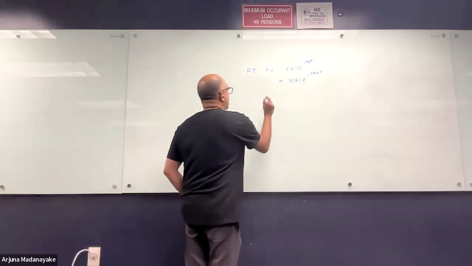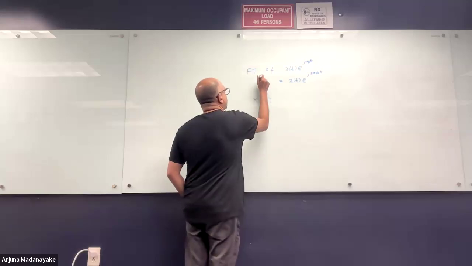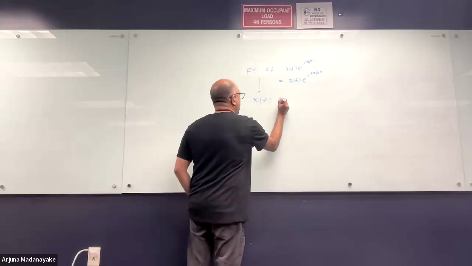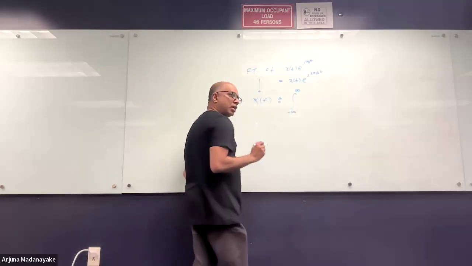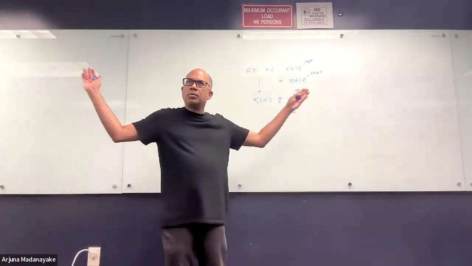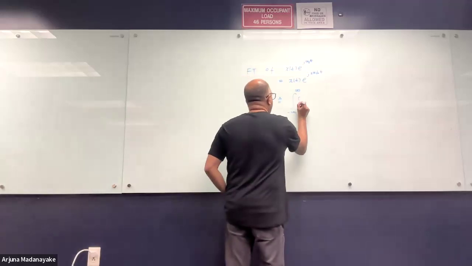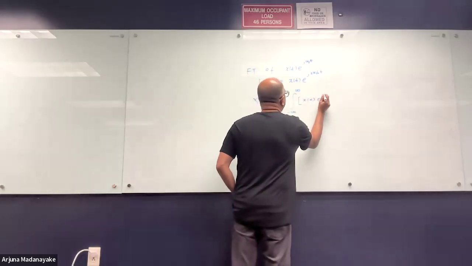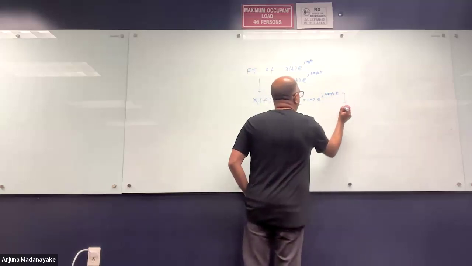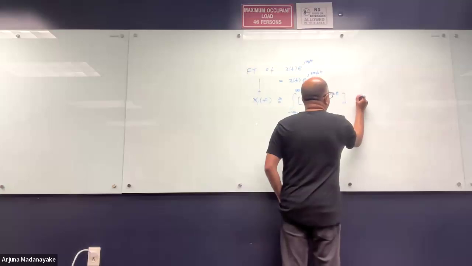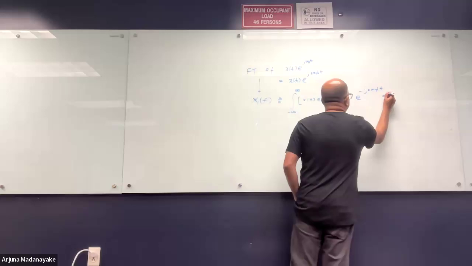Let's say x1 of f is, by definition, the integral from minus infinity to infinity in the time domain, full real-valued time axis. The function of interest is this x of t e to the j 2 pi f naught t. From the Fourier transform, we get the additional part e to the minus j 2 pi f t.